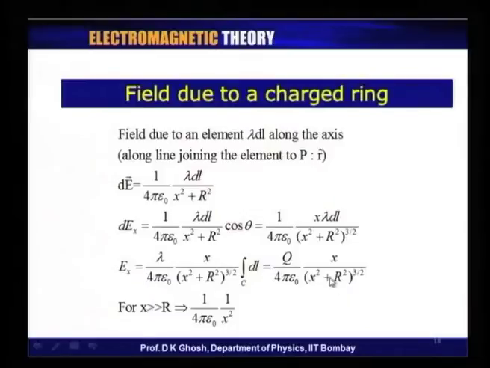So, we must get back in this limit the electric field due to a point charge, and you can see what actually happens. If x is much larger than r, then I can neglect this r square in the denominator, and x square to the power 3 by 2 will give me x cube, and I am left with x by x cube, which is simply equal to 1 over x square, which is nothing but Coulomb's law.